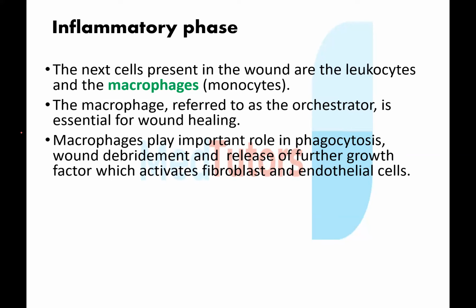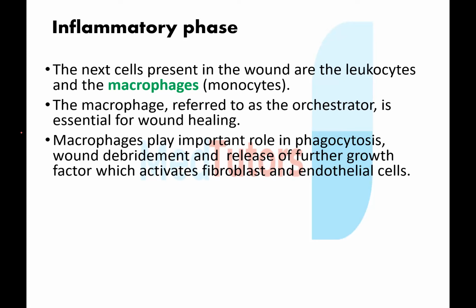The next cells present in the wound are the leukocytes and the macrophages. The macrophage is referred to as the orchestrator and is essential for wound healing. Now, macrophages play an important role in what?